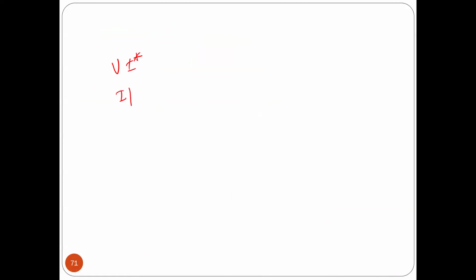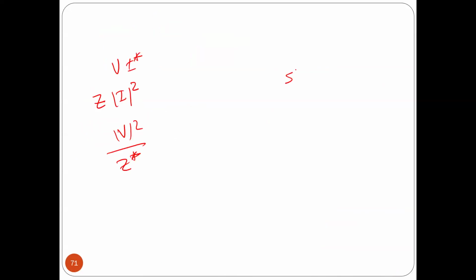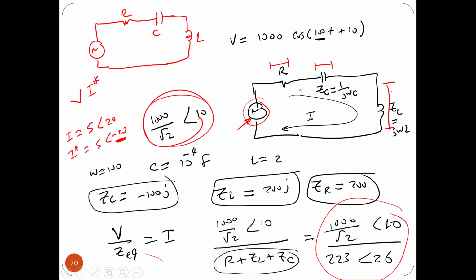Also it can be I squared times Z, or it can be V squared divided by Z asterisk. Whatever is available for you, but in this case, because I is available, I need to get the magnitude of I, which is 5. So it should be 5 squared times the value of Z. Here Z is R, it will give you the power here, plus the power here, plus the power here, should equal the total power.